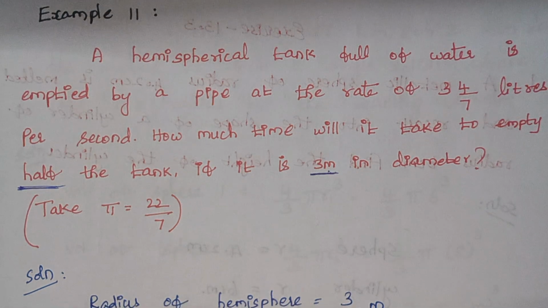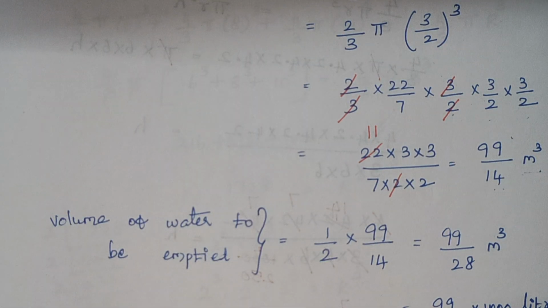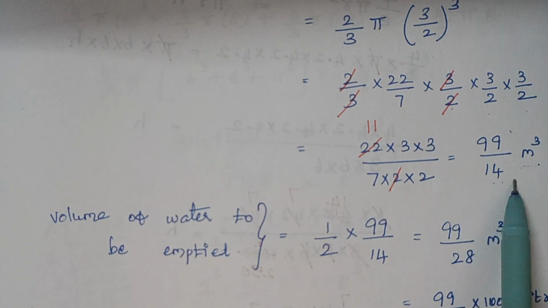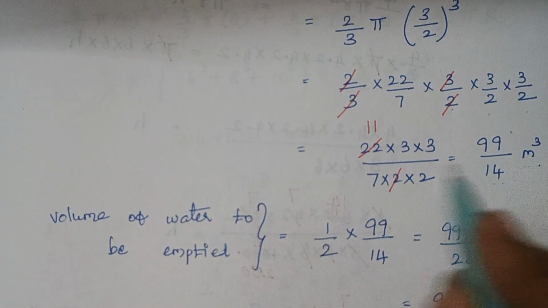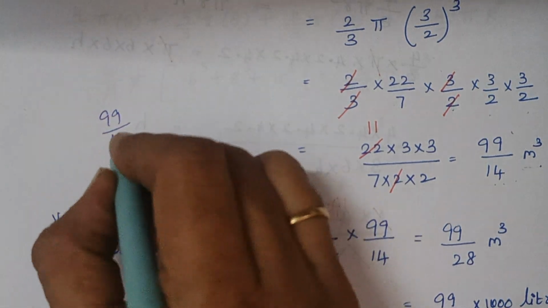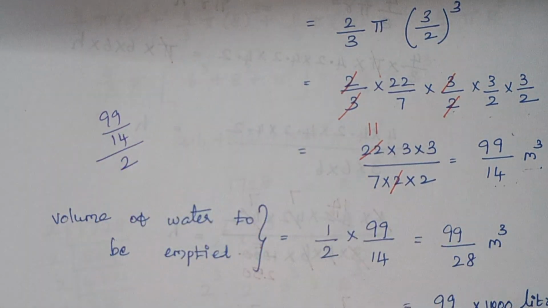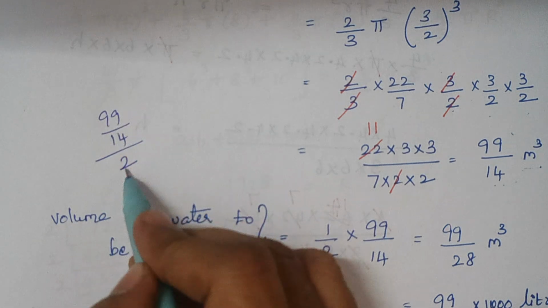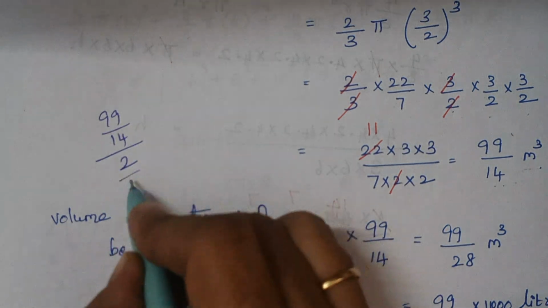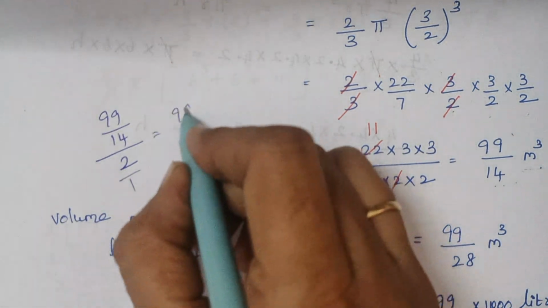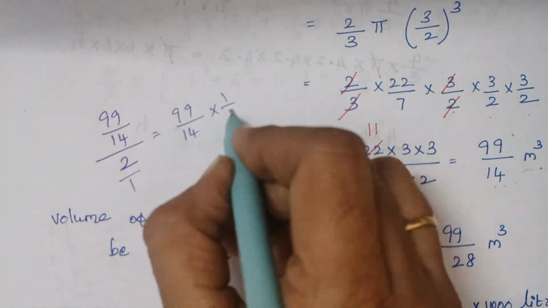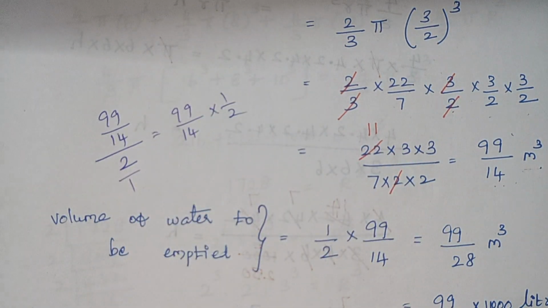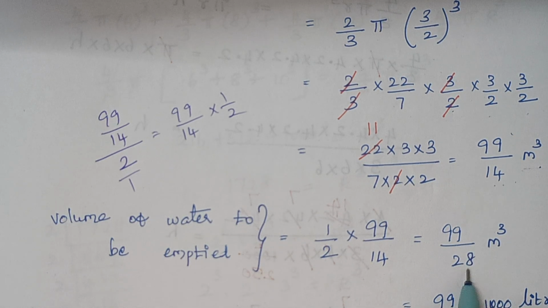We divide 99/14 by 2. The 2 can be written as 2/1, so 99/14 into 1/2. So the answer comes as 99/28 meter cubed.